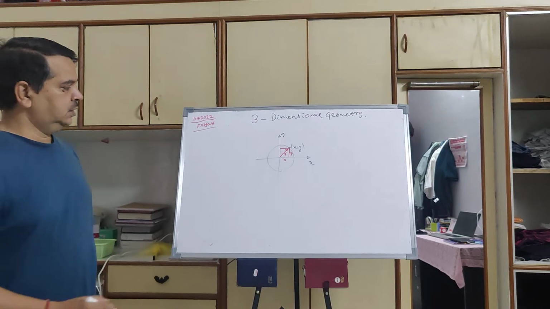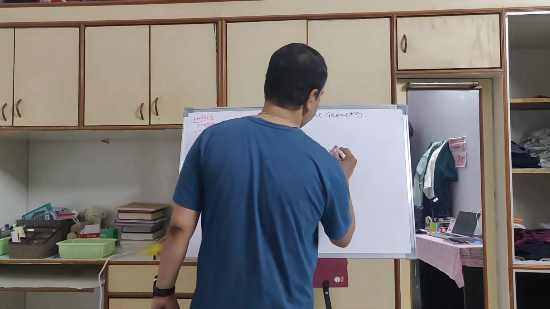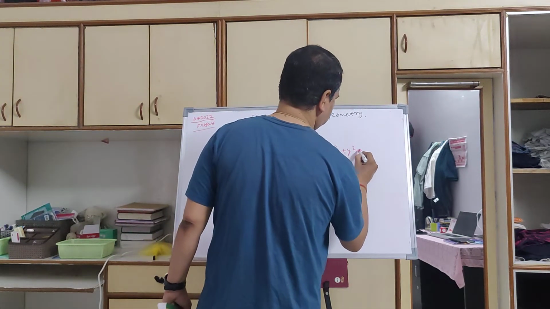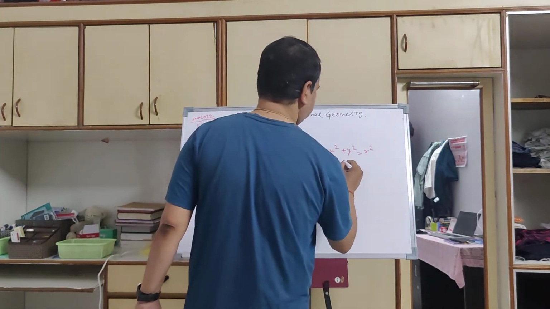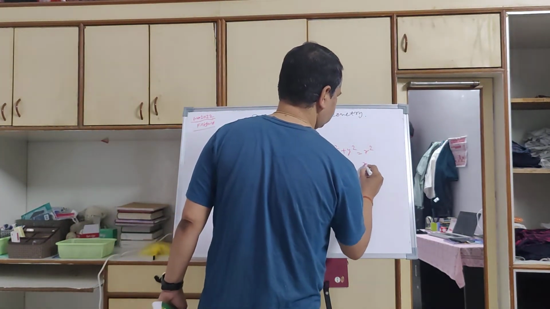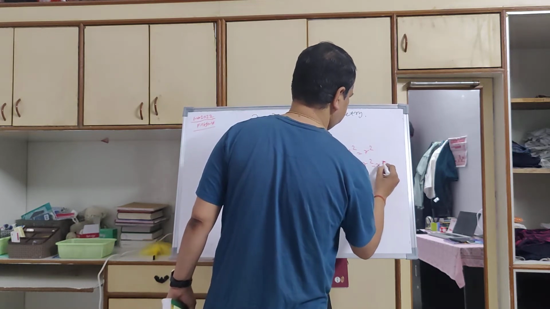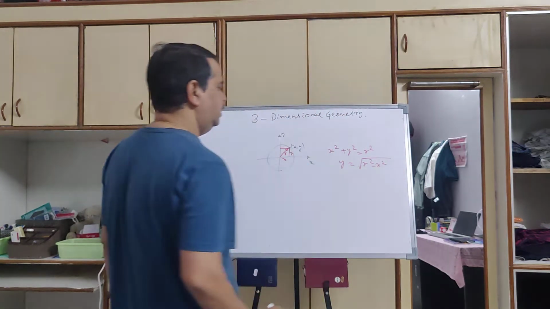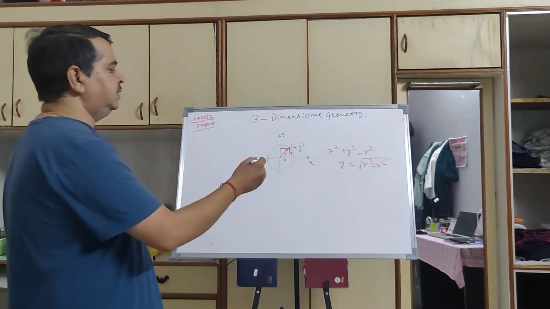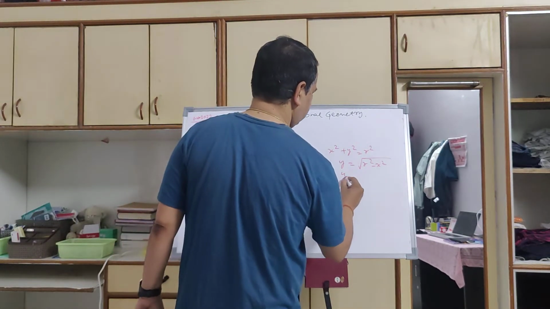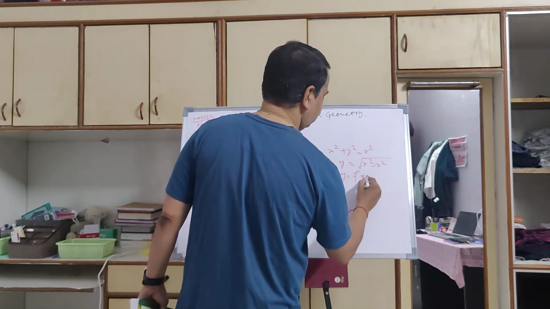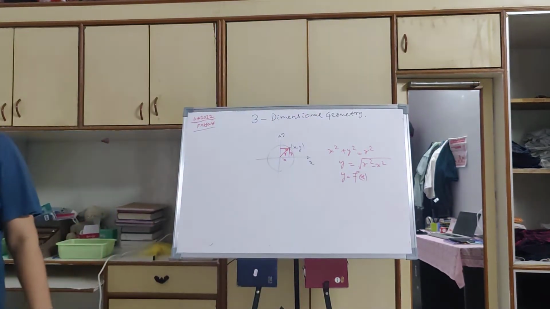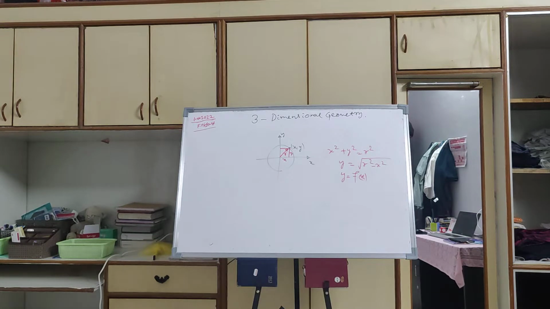So the equation of circle becomes x square plus y square is equal to r square. That means you can write y is equal to the square root of r square minus x square. So this becomes a relationship, y as a function of x. So y, the dependent variable, as a function of the independent variable gives you the equation of the circle.